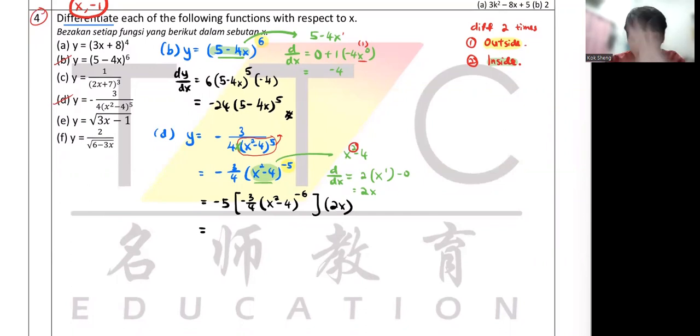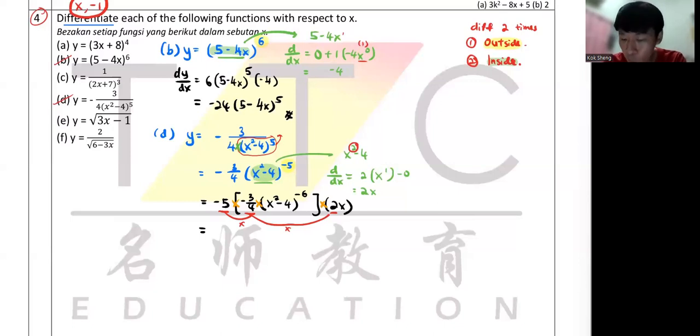So from here, everything here, they are all times together. Everything: -5 times -3/4 times bracket times 2x, everything times together. So we can press the calculator straight away: -5, -3/4, and 2. -5 times -3/4 times 2.